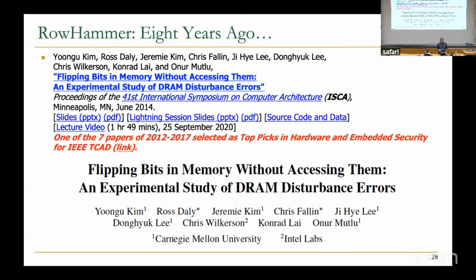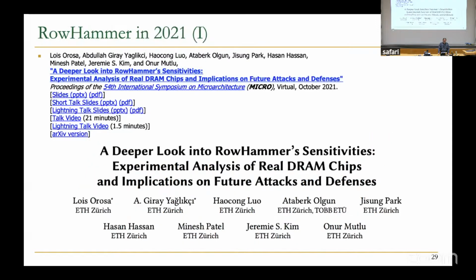That's a phenomenon that they called RowHammer. It breaks one of the main principles of DRAM chips, the isolation principle. So by activating and deactivating one DRAM row, you can cause errors. And later works used this phenomenon to design security attacks. So this is RowHammer, which you probably know about from Professor Mutlu's talk.